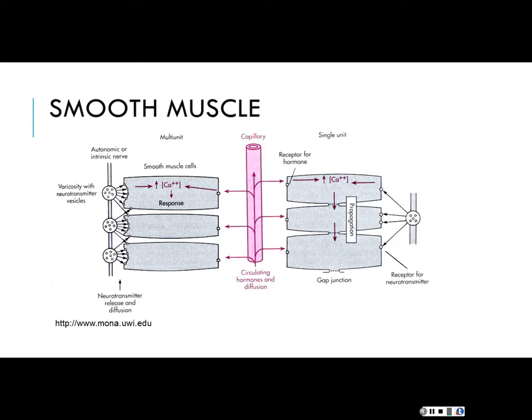What is different between the two types? Propagation. Okay. Single unit cells are connected by gap junctions. So our single unit smooth muscle cells are anatomically connected by gap junctions.